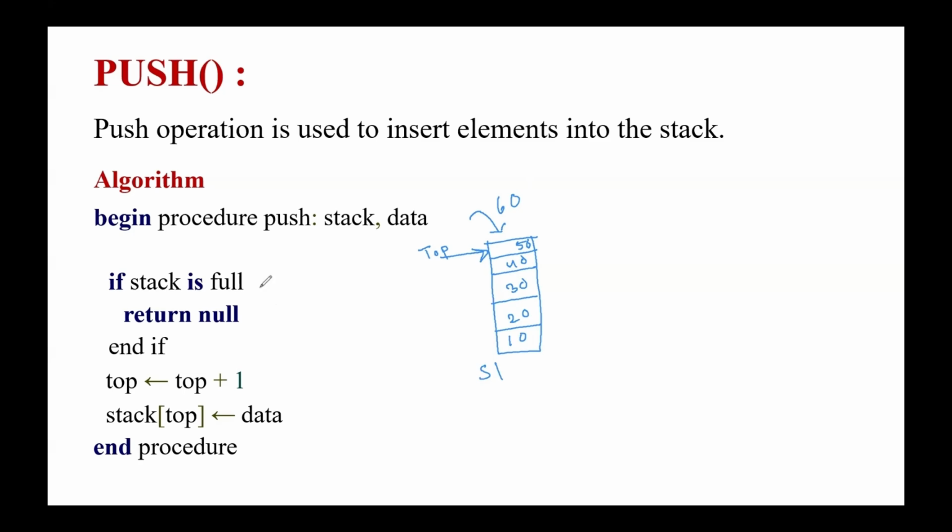The stack is full, so we cannot insert 60. This is the condition: first we have to check whether any space is available inside the stack or not. If space is available, then only we can insert. The stack can store a maximum of 5 elements, at locations 0, 1, 2, 3, 4. Top right now points to the fourth location, that is, the top value is right now 4.